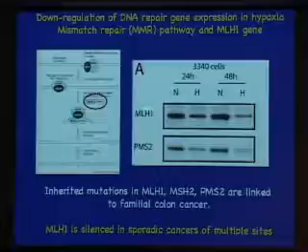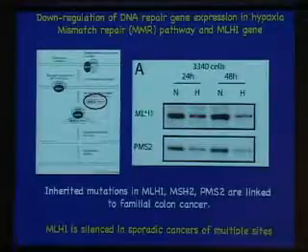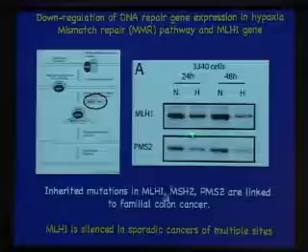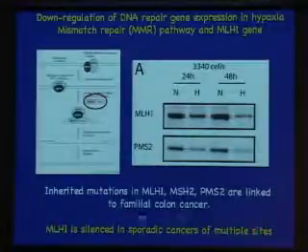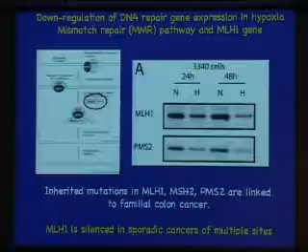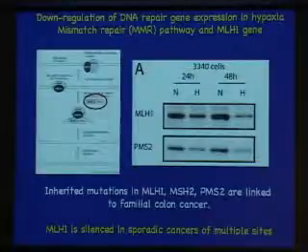And what you see here is a blot showing decreased levels of MLH1, one of these mismatch repair genes, in hypoxic versus normoxic cells. And just to point out something we'll mention a little bit later, in addition to downregulation in hypoxia, the MLH1 gene specifically is silenced in sporadic cancers of multiple sites. And we believe this is linked to the observation here.